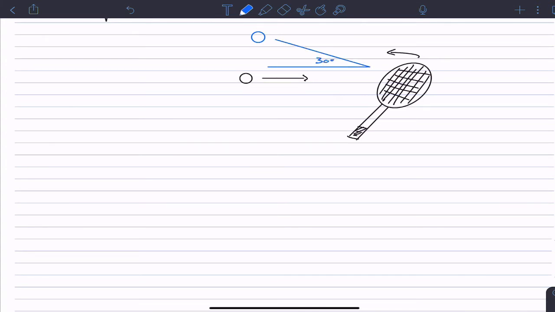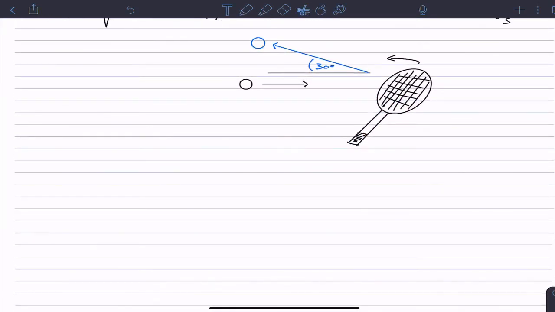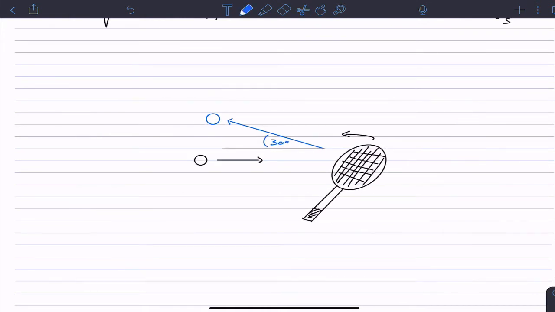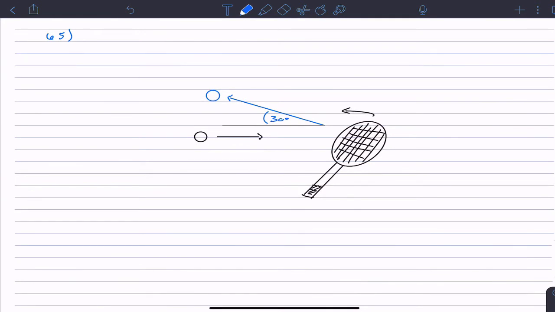This is 30 degrees. It's traveling in that direction. This is just to indicate the horizontal. So that's what we end up with. This is 65, I believe? Yeah.